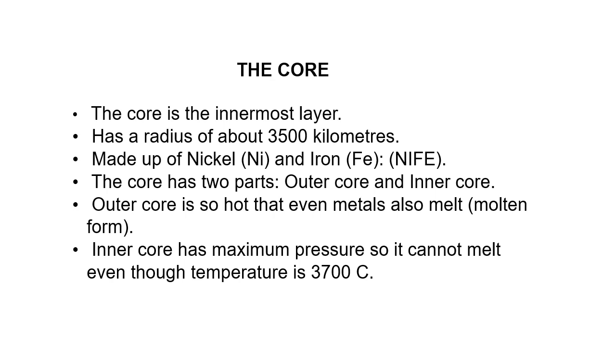The outer core is so hot that even metals melt, that is, it is in molten form. Whereas the inner core has maximum pressure, so it cannot melt even though the temperature is very high. So these are the three layers, all of you remember: the first one is the crust, the second is the mantle, and the third is the core of the earth.